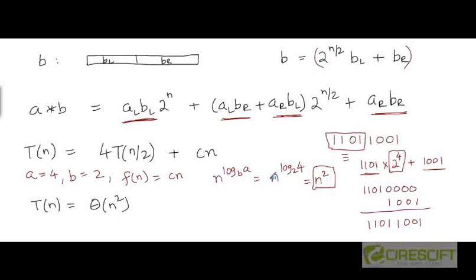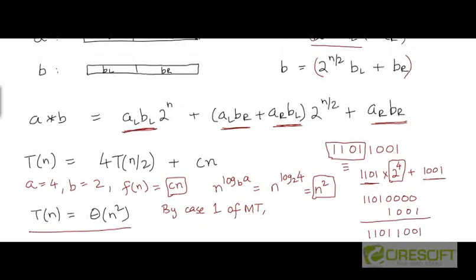And if we compare n square with f of n, we see that n square is polynomially larger than f of n. And so we are in case 1 of master theorem. And by case 1 of master theorem, t of n will be given by theta of n to the power log base b of a. So t of n is theta of n square.